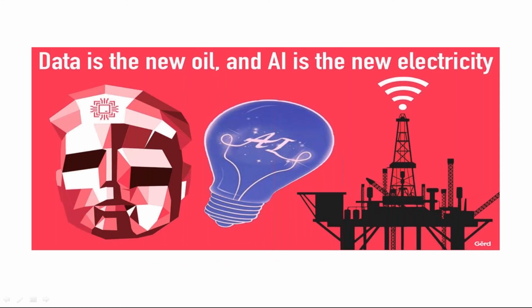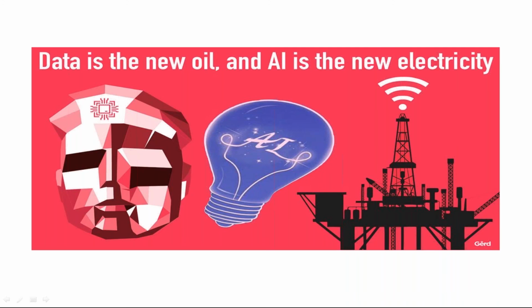Okay, so this is what I was talking about. It's the one which is our future. We all know how the industrial revolution happened. There's a saying in industry that AI is the next industrial revolution which is happening. So the future for us is in this form: data is the new oil and AI is the new electricity.